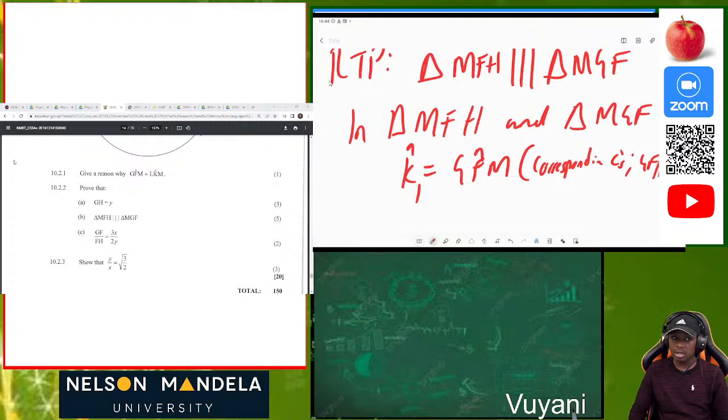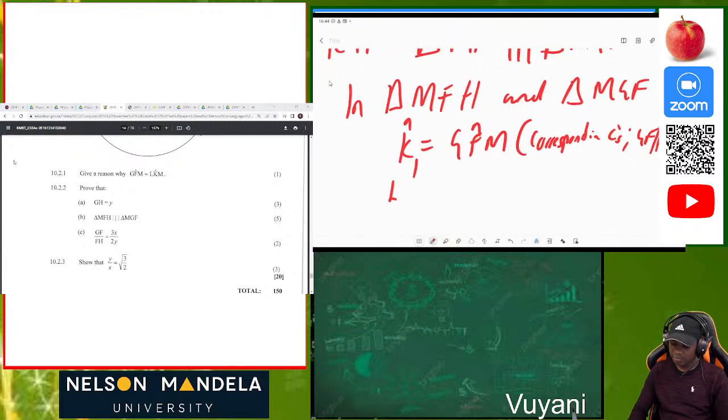So we now know that F and K1 are equal to each other. Or we can say that LKM, you have many reasons to say. You can also highlight the fact that LKM, this one, is the same as, or you can use K1. This is the same thing, guys.